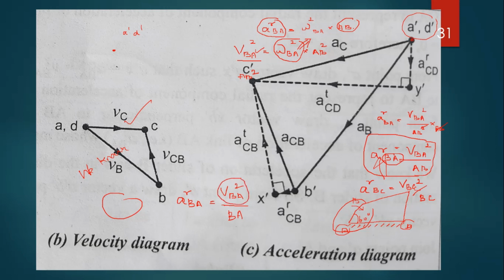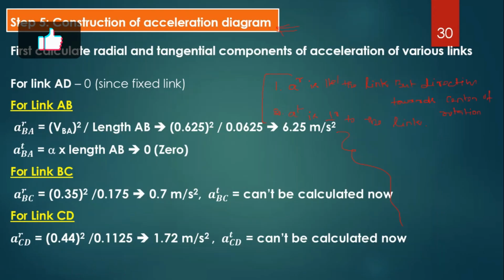We got the velocity from the velocity diagram, already we calculated, and the length of the link is already known. So the radial component of BA is equal to velocity of BA squared divided by the length of the link, and this is the magnitude of acceleration of radial component of BA.